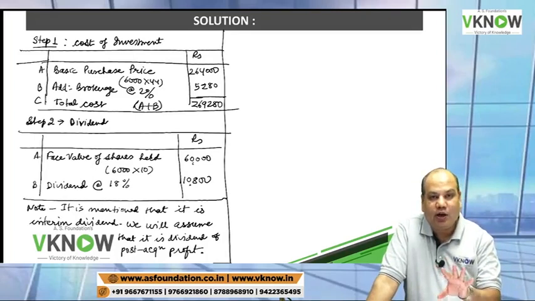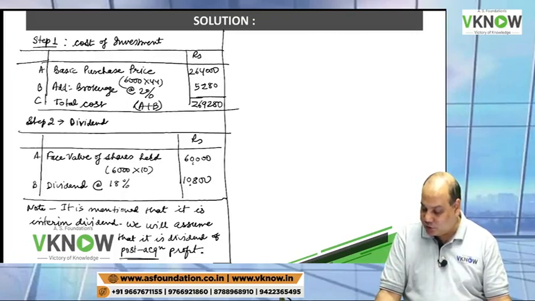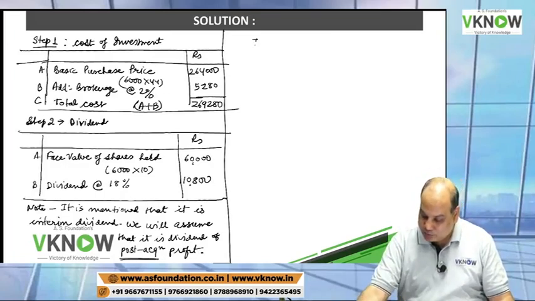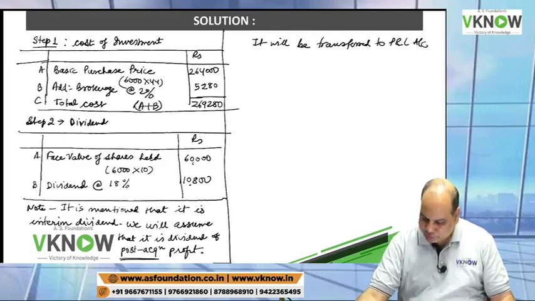Interim dividend is paid out of current year profit. So this is treated as post acquisition. And if it is treated as post acquisition, it will be transferred to P&L account. Now write down step number 3.